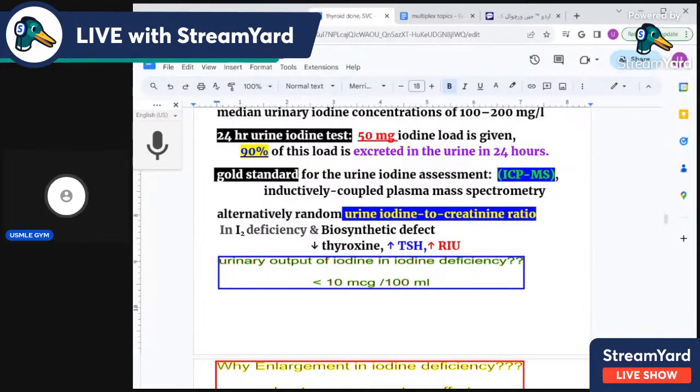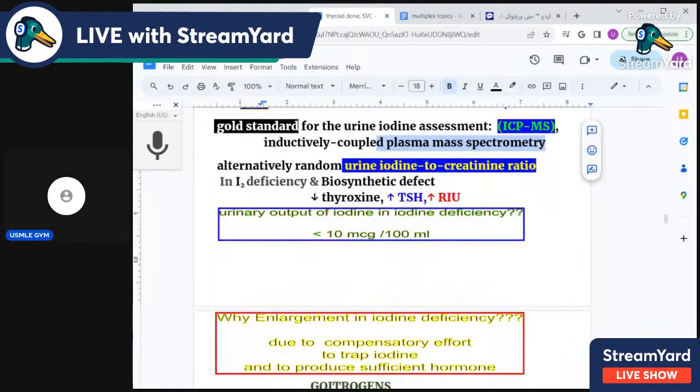The other gold standard test for urinary iodine assessment is the ICP-MS test, inductively coupled plasma mass spectrometry. But this gold standard test is very expensive and is not available in all centers. Or alternatively, it's a urine iodine to creatinine ratio test.